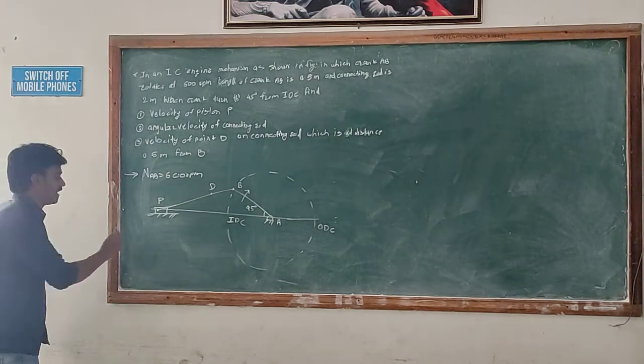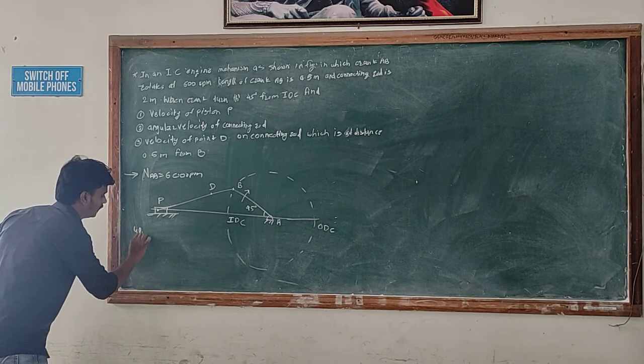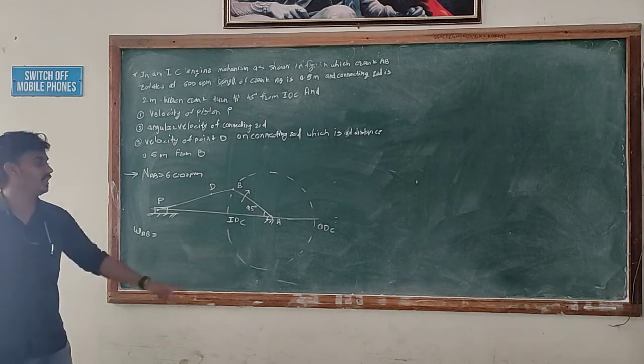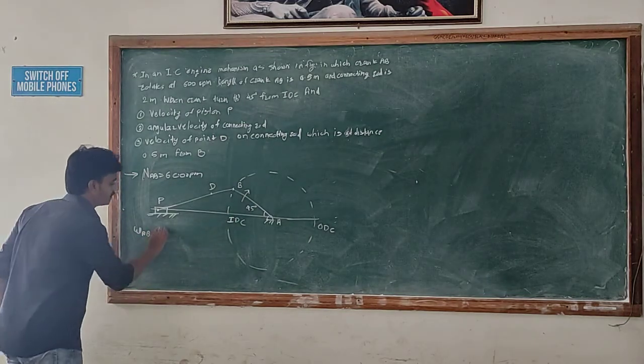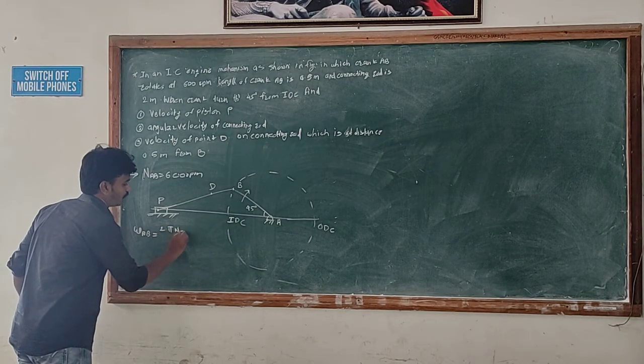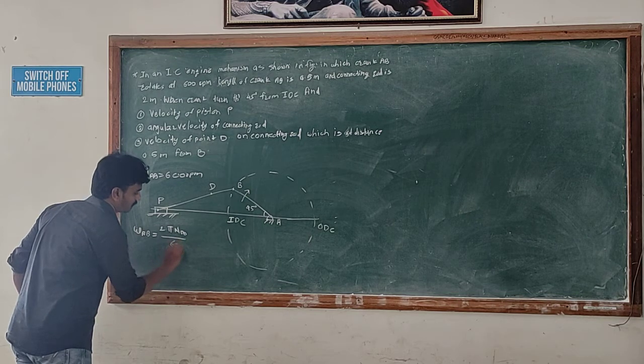First of all, we will find the angular velocity of the link AB, and we have the formula: omega equals 2 pi N of AB divided by 60.